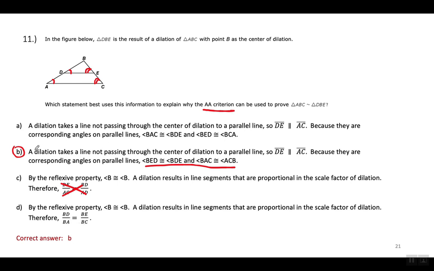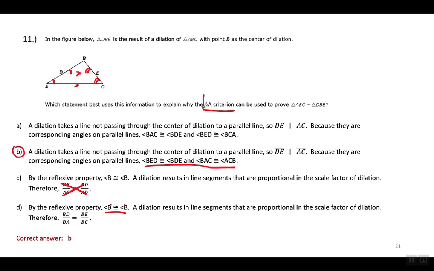But B is a better answer, because when you establish that these two lines are parallel, you're able to say that you have these two angles that are congruent to these two angles, whereas in this one, we're only showing that this angle equals this angle.